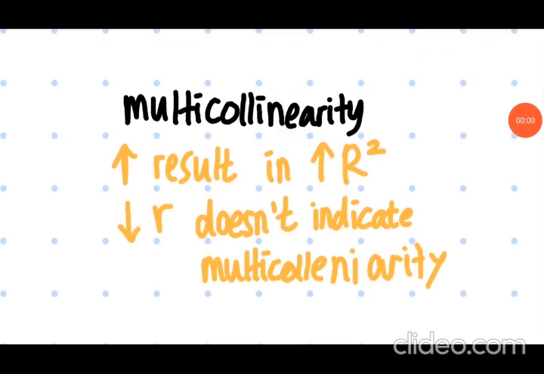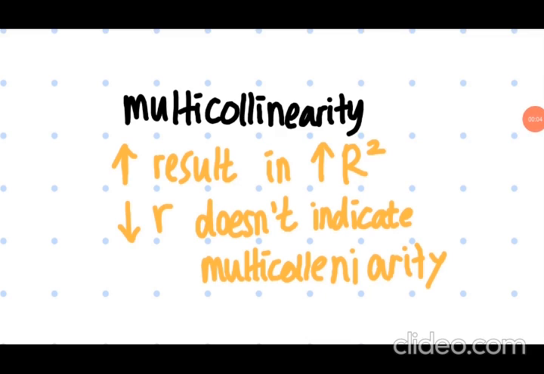And next we talk about multicollinearity. Multicollinearity can be perfect, which means that the regression coefficients are indeterminate and standard errors are infinite. How to detect it? First, it has a high R square but few significant T ratios.